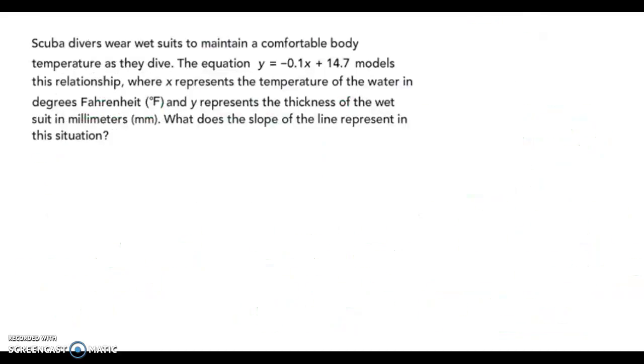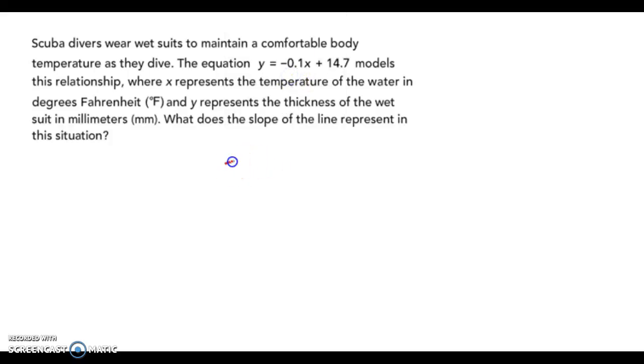Okay, moving into the next one, it says scuba divers wear wetsuits to maintain a comfortable body temperature. And here they've given us the equation to use, which is very helpful. So y equals negative 0.1x plus 14.7. And it says that we want to know what the slope of the line represents in this equation.